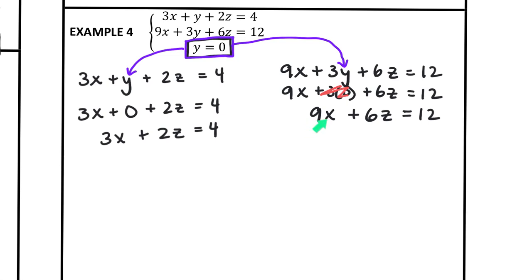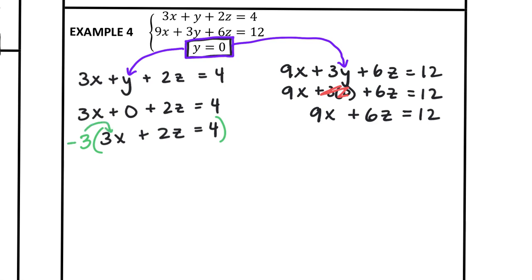Okay, so looking at the x's, can I make the x's the same number and opposite? Yes, I can multiply. Doesn't multiplying by 3, what's 3 times 3? That's going to put a 9 in front of the x, right? But I want to get an opposite of a positive 9, so I want to make it negative. So I'm going to multiply by a negative 3.